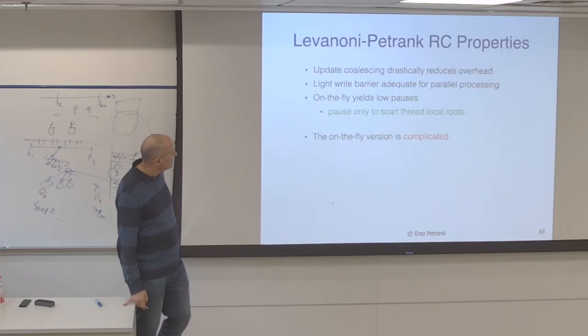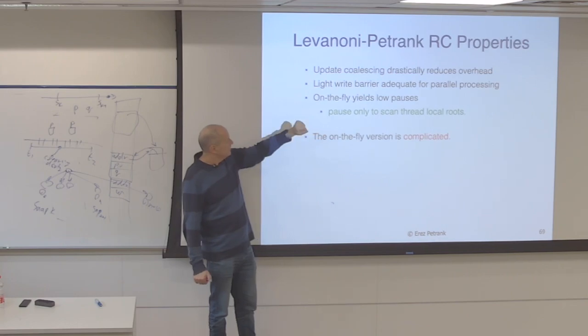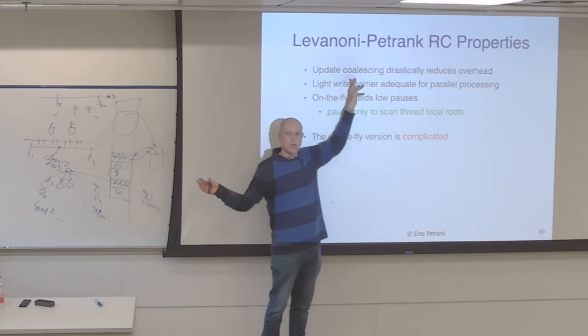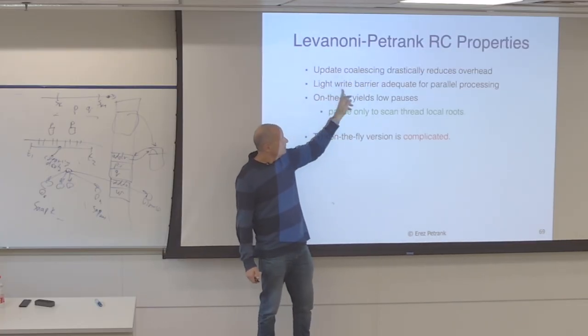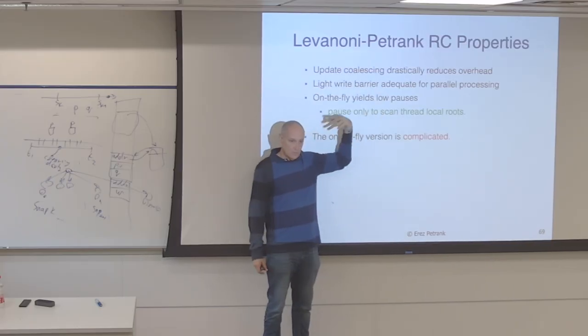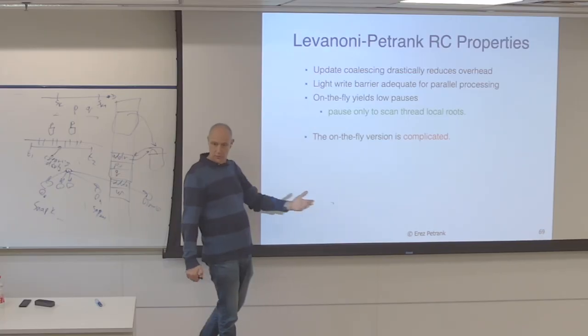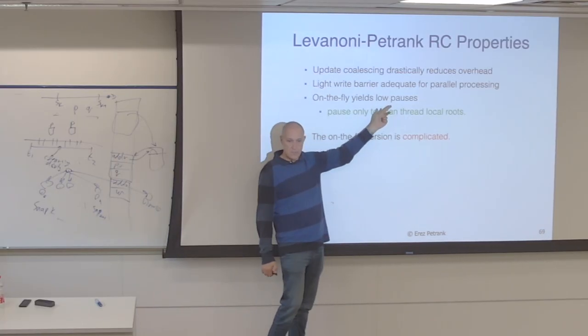What else? That's it. So the Levanoni reference counting properties: you use update coalescing, then you remove lots of the reference count updates from the execution. The write barrier is light. You don't need compare and swap or locking in order to do the modifications. And on the fly, you get low pauses.